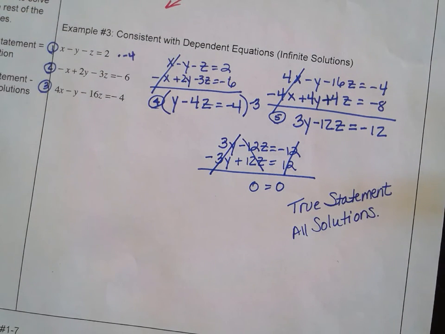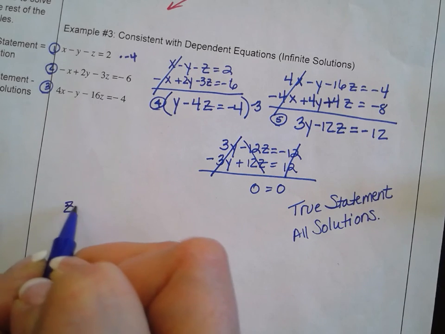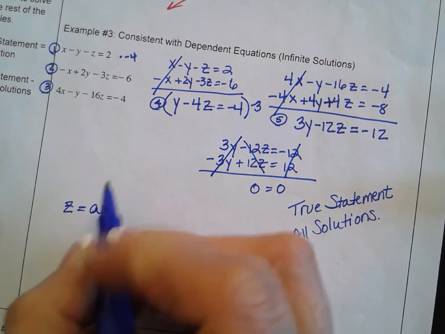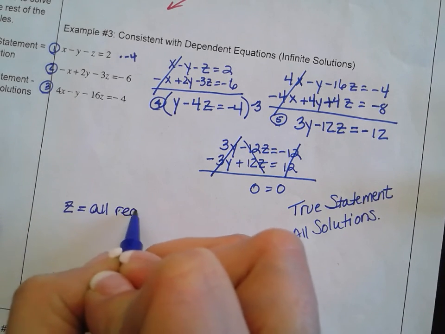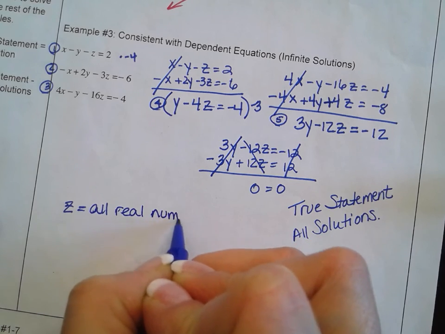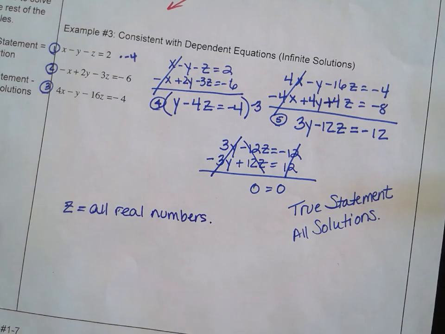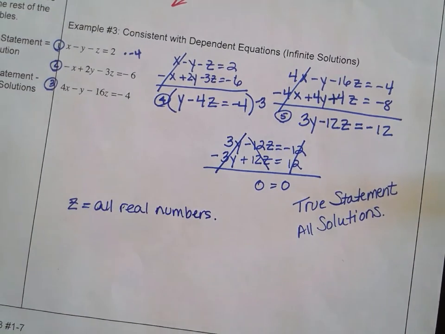Okay, and this is one where you have to write the answer in a funky way. So we're going to start with that z is all real numbers. We have to put x and y in terms of z then, since it's all real numbers.